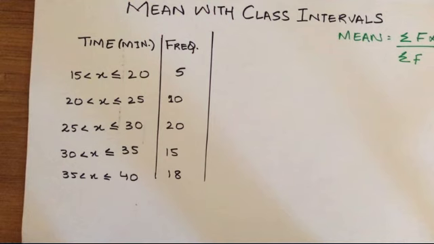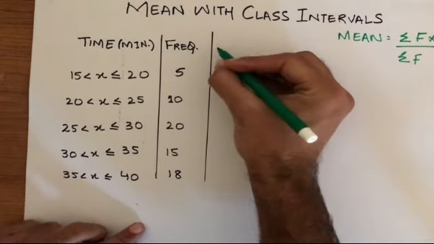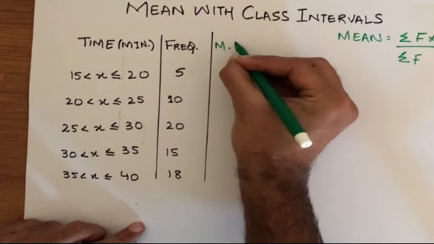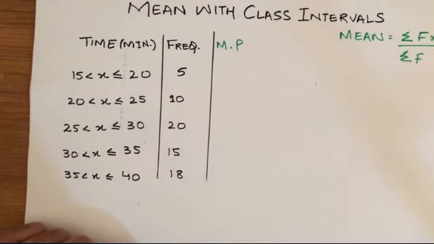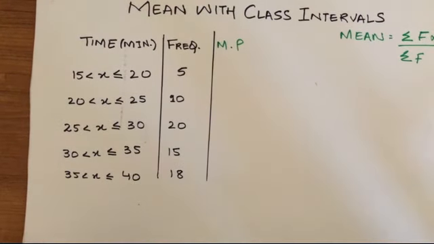First of all, you need to find out a midpoint of your data set. So I'll just label this as MP. Here you need to find out what is the midpoint of your data.